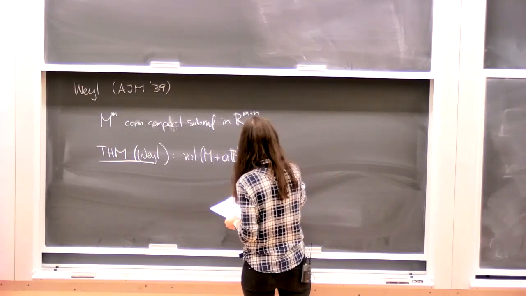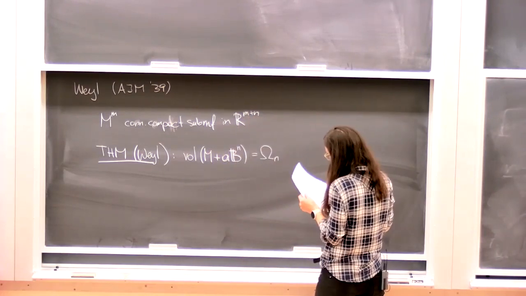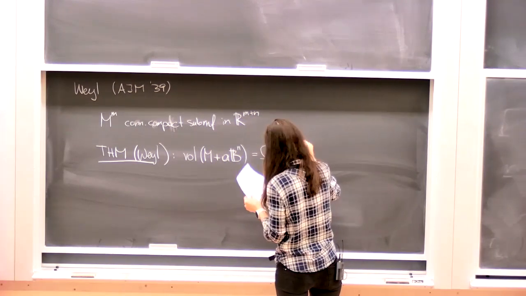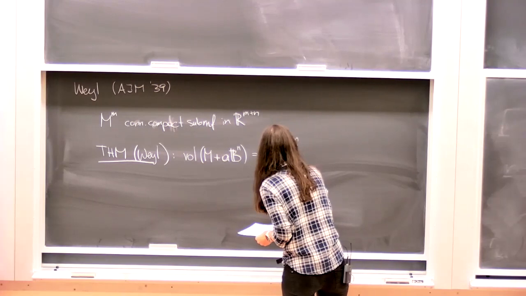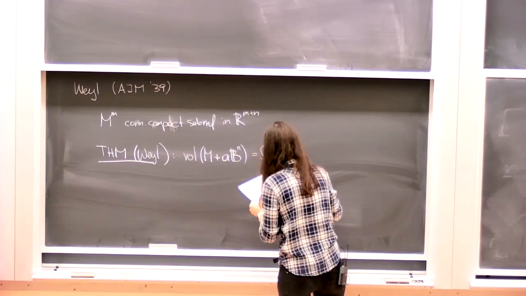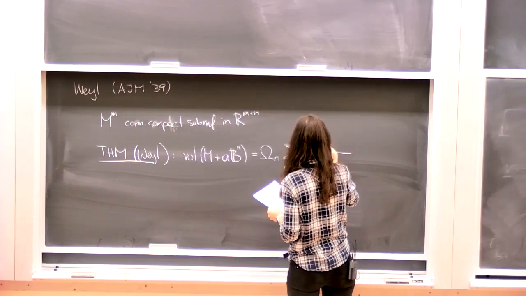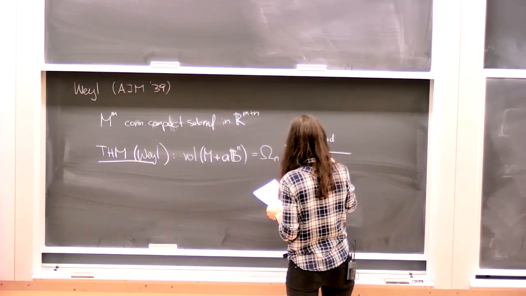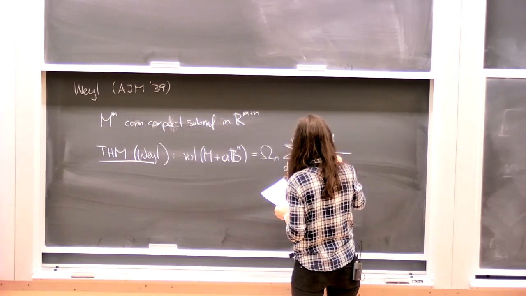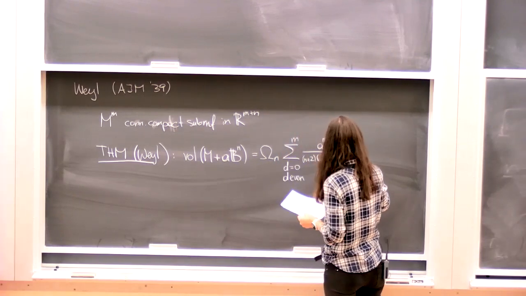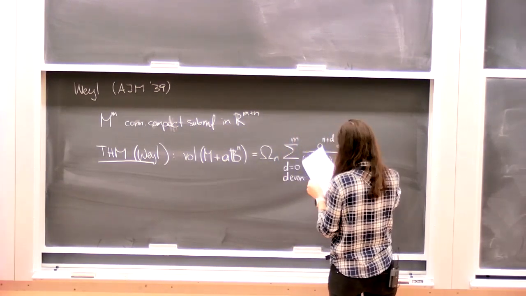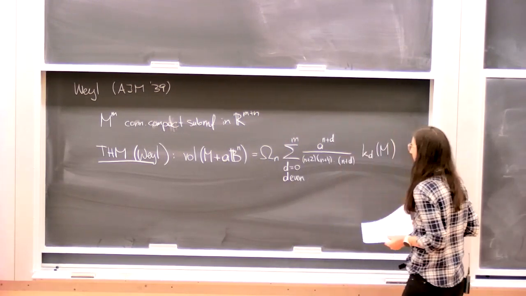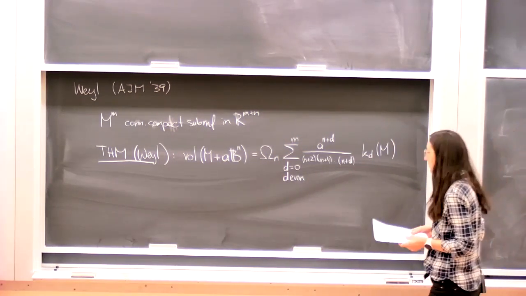It is, again, the volume of the unit ball, and then you have a sum from d equals 0 to m, where d is even, and then a to the power n plus d divided by n plus 2, n plus 4, up to n plus d, and some term k_d of M. And well, that was his formula.